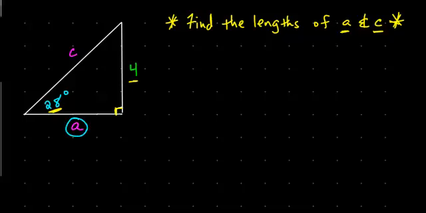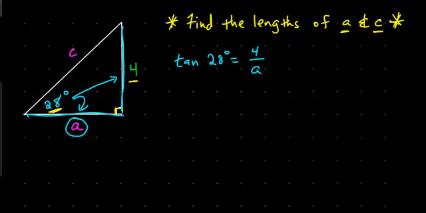I'm going to say that the tangent of 28 degrees equals opposite over adjacent, or I really like to think of tangent as the slope, rise over run, so it's 4 over A. Now I can multiply both sides by A. The A's cancel, and we get that A times the tangent of 28 degrees equals 4.